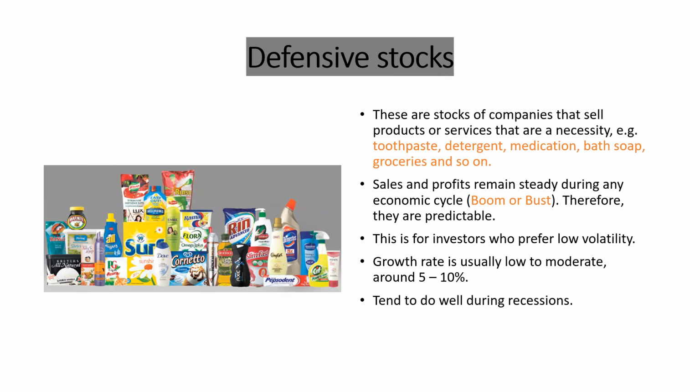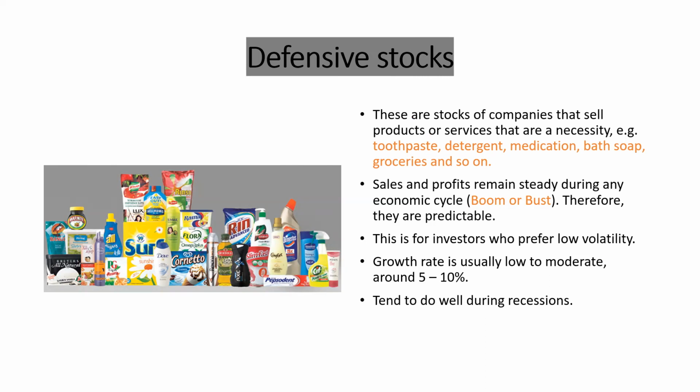No matter the condition of the economy, you still have to buy medication, bath soap, groceries, etc. Because their performance is not dependent on the state of the economy, defensive stocks have consistent sales and profits, and therefore they are predictable, which is music to us as investors.